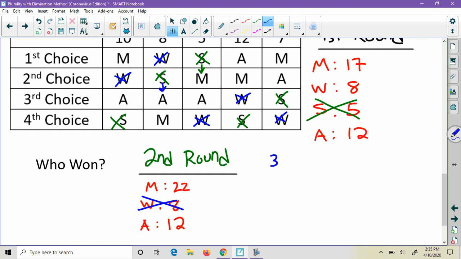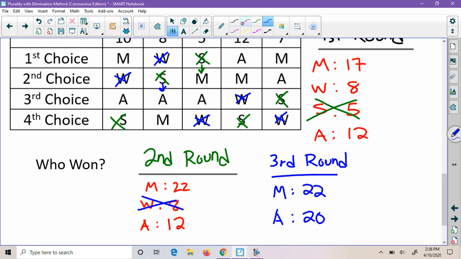So in the third round, McDonald's, they still have 22 votes going on. A&W picked up those 8 votes from Wendy's. They were next in line, so they have 20 votes. So who's eliminated? Well, by the slightest of margins, it looks like A&W is eliminated.